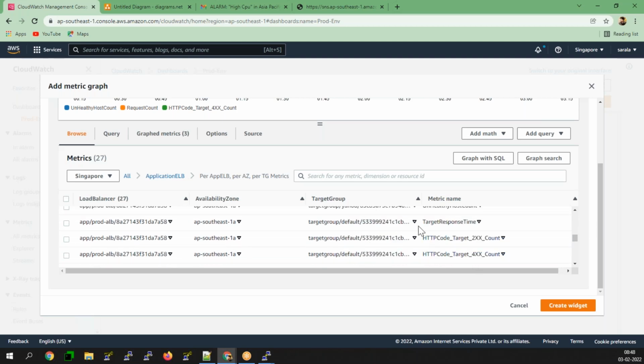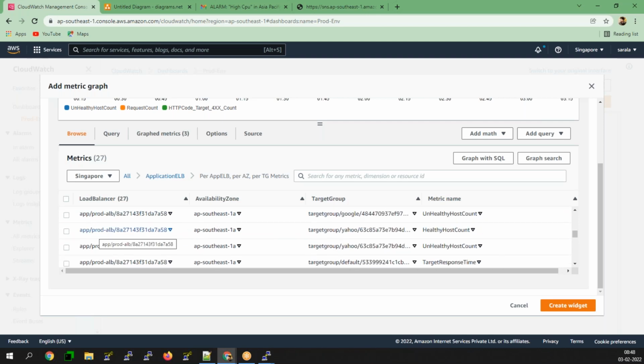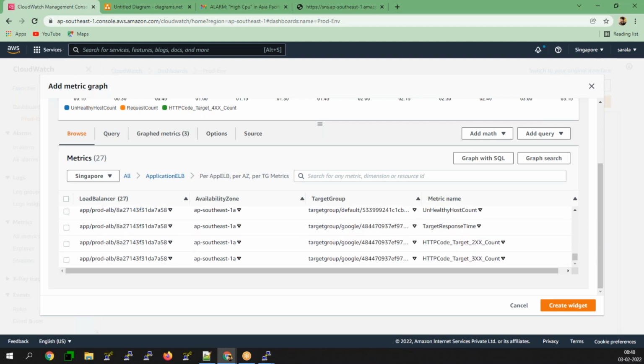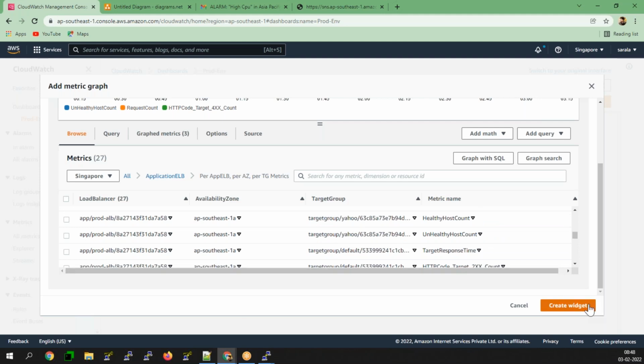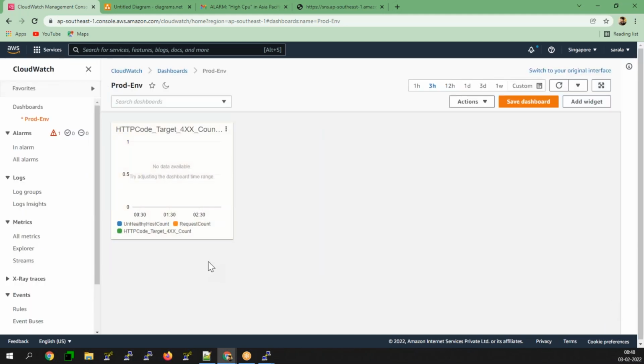I'm also going to check whether there is any kind of latency for the respective target group. Create a widget.